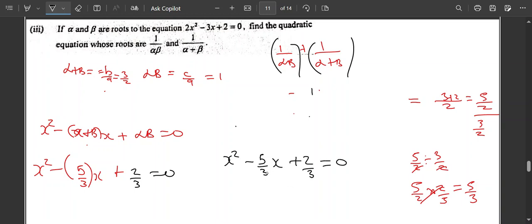All right. So I can cancel this by multiplying throughout by 3 so that this 3 can go. So we have 3x squared minus 5x plus 2 is equals to 0. So that when again I divide throughout, it will give me the same stuff.